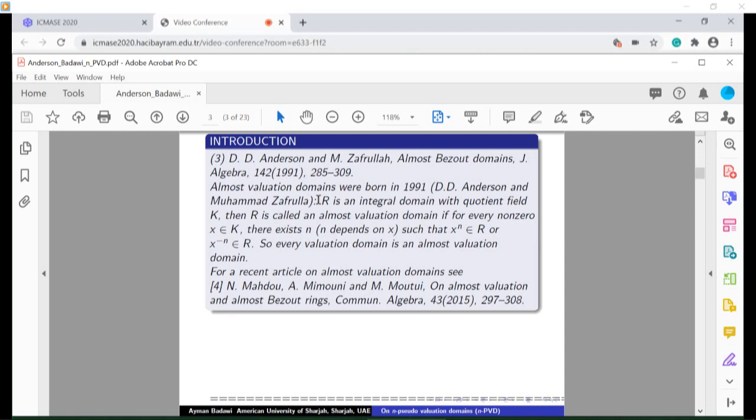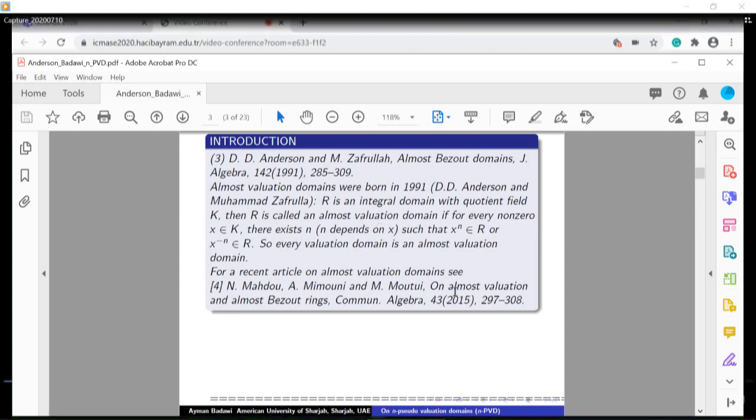So it's clear almost valuation domains are a generalization of valuation domains. And of course, there are many examples of almost valuation domains that are not valuation domains.